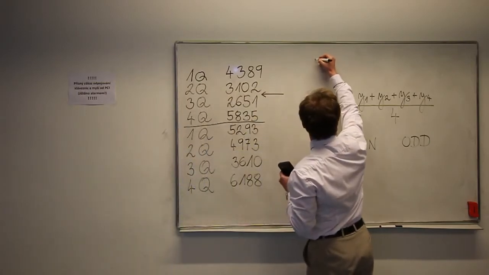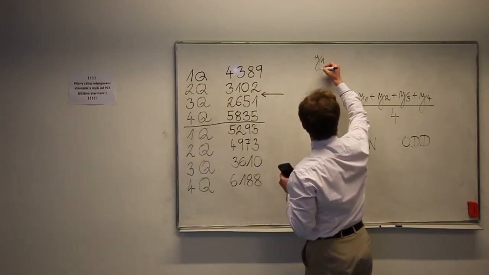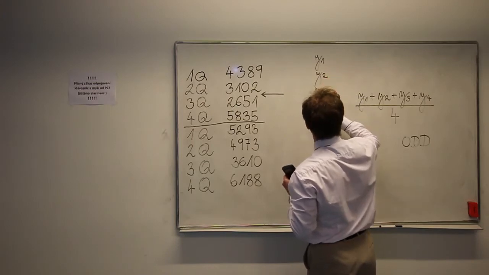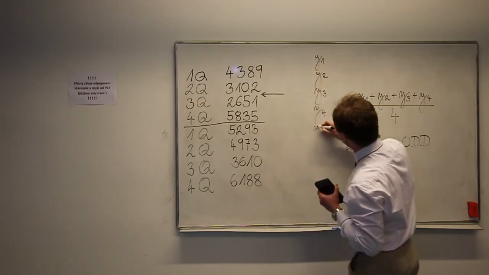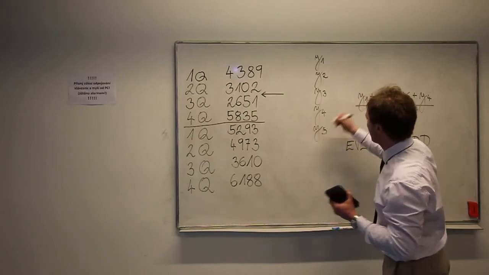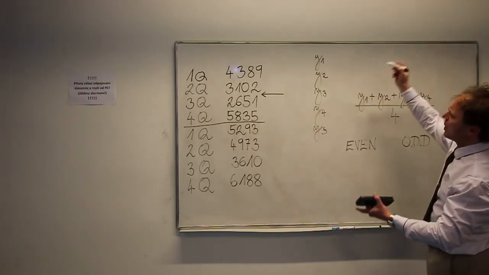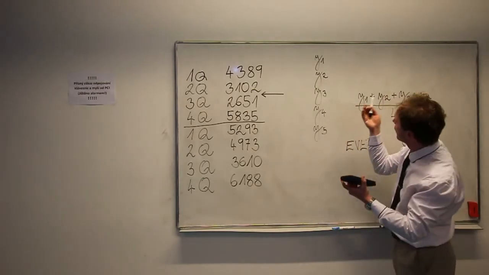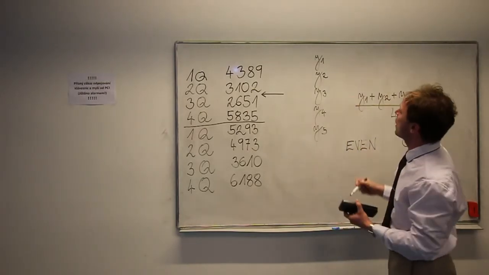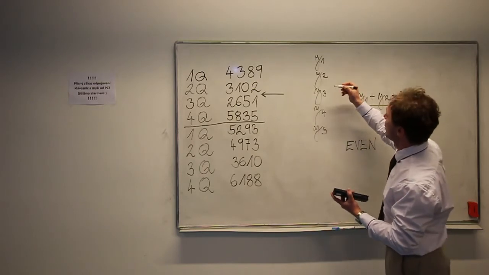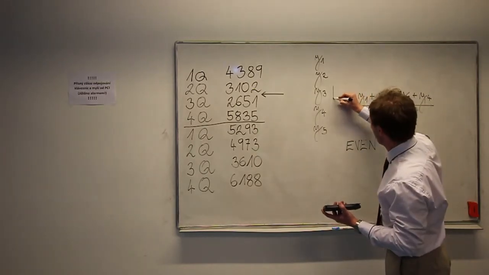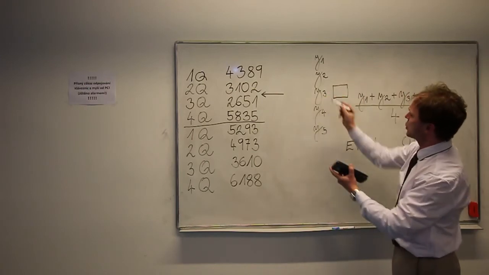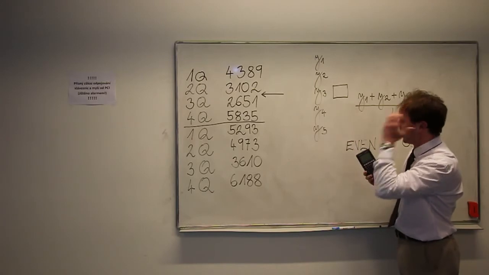If you have observations y in time 1, y in time 2, y in time 3, y in time 4, and y in time 5, and you calculate a moving average with length 5, because we have 5 observations, the result is placed on the position of the median, so on the position y3.